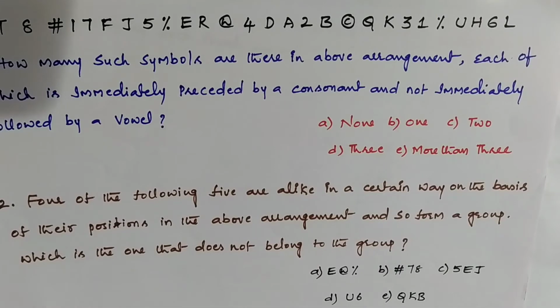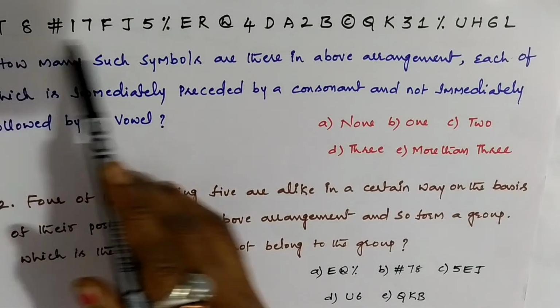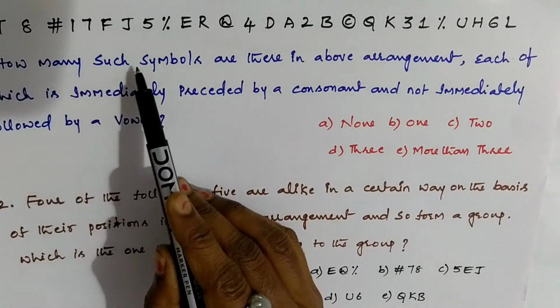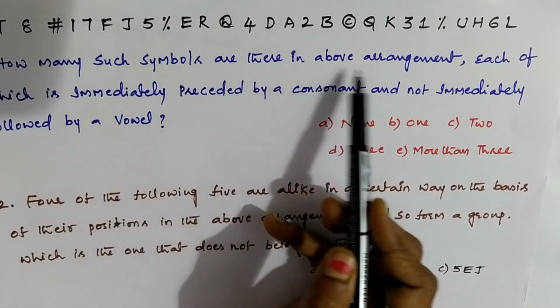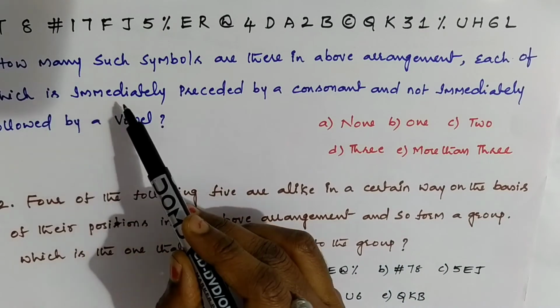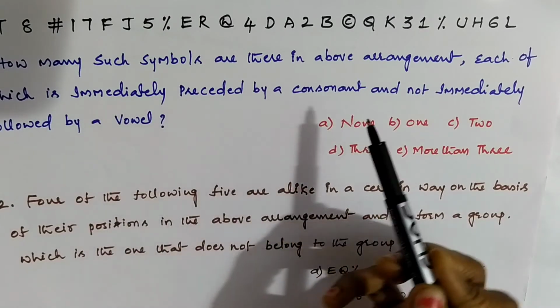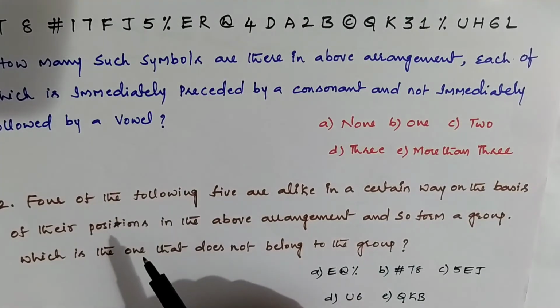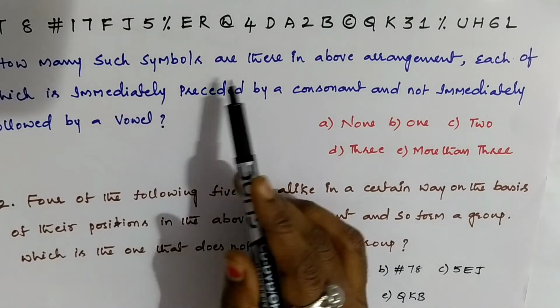Take the next question. Series, and the first question from this series is, how many such symbols are there in the above arrangement, each of which is immediately preceded by a consonant and not immediately followed by a vowel? Okay. First, symbols.